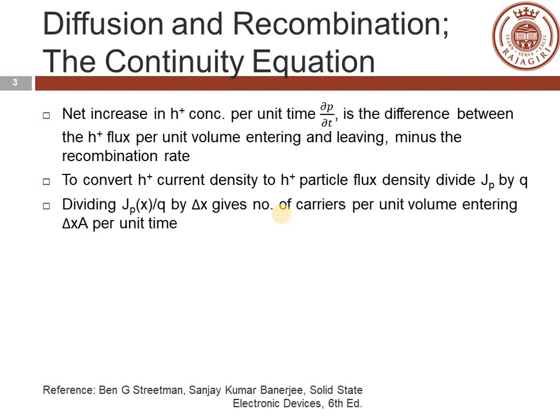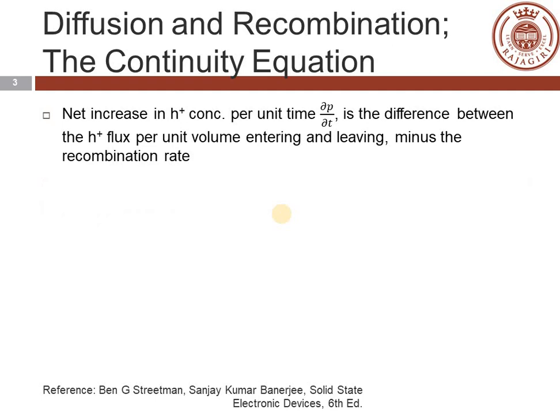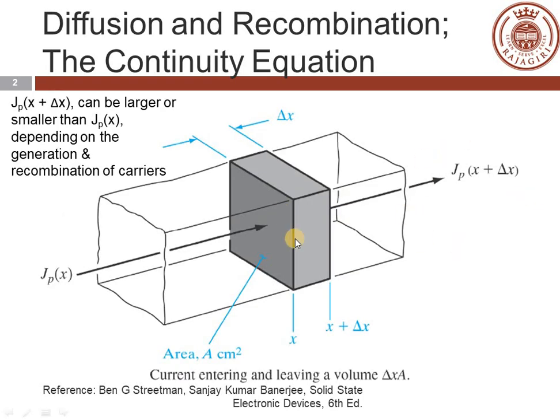Then dividing that flux density, that is Jp of x by q, by delta x, gives the number of carriers per unit volume entering delta x into A per unit time.